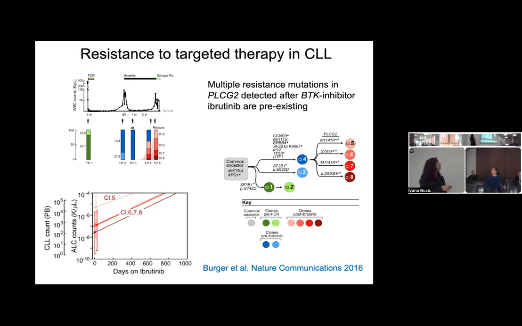And now we know that mutation in this gene provides resistance to this targeted therapy. And we showed by mathematical calculations and droplet sequencing that these mutations were indeed pre-existing at the start of therapy, although at very low cell numbers, maybe in 100 or 1,000 cells or less.